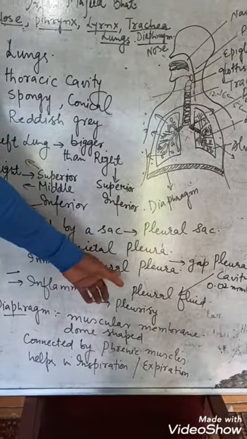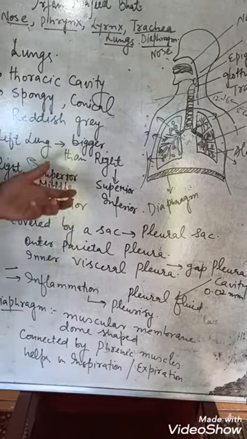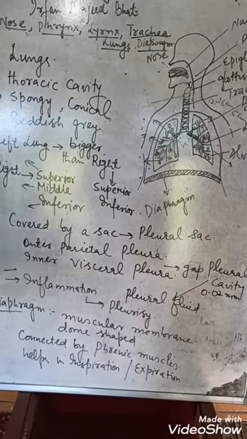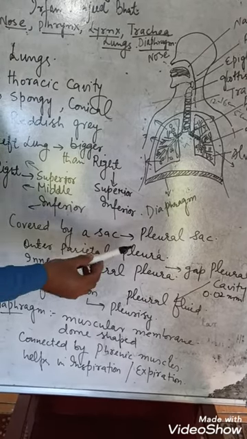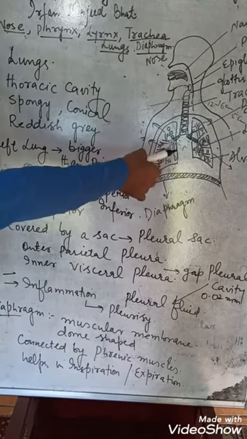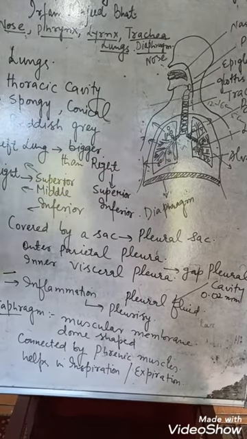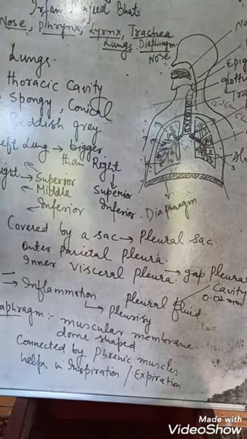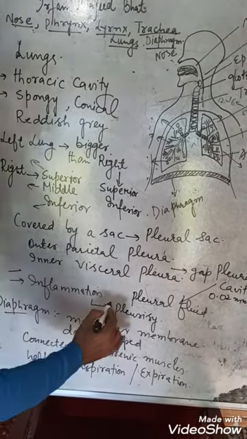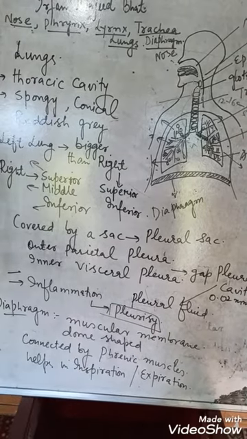This pleural fluid protects the lungs from jerks and shocks and other mechanical injuries. So if there is any sort of inflammation inside this pleural sac, we call that condition pleurisy. That is because of some infections and dust, dirt, or some other particles, and that condition is called pleurisy, which I have written here.